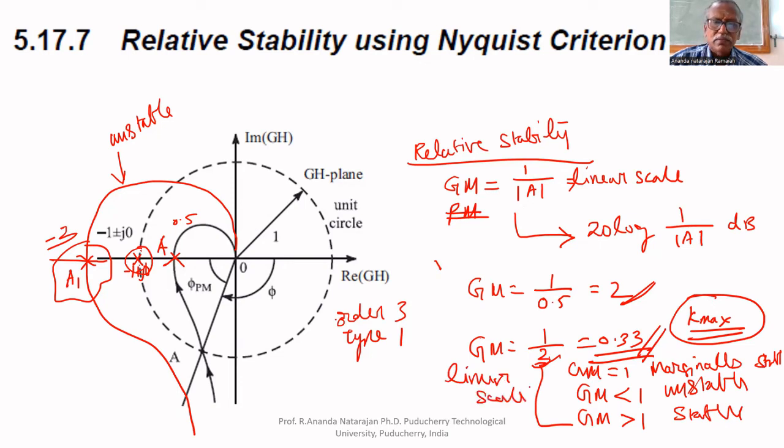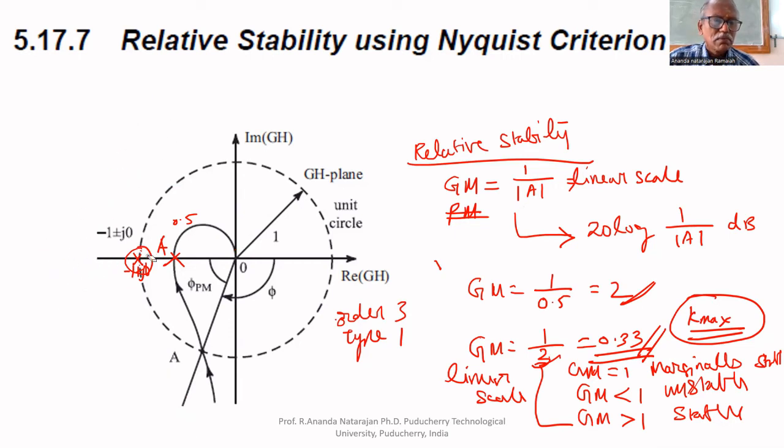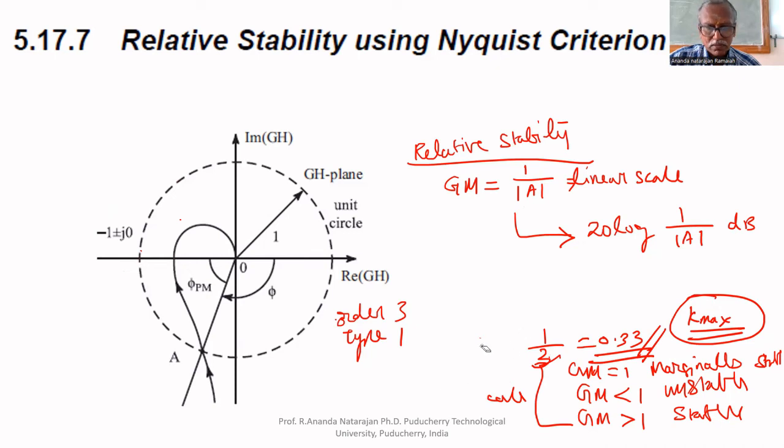What is phase margin? From Nyquist plot, what is the phase margin in Nyquist plot?